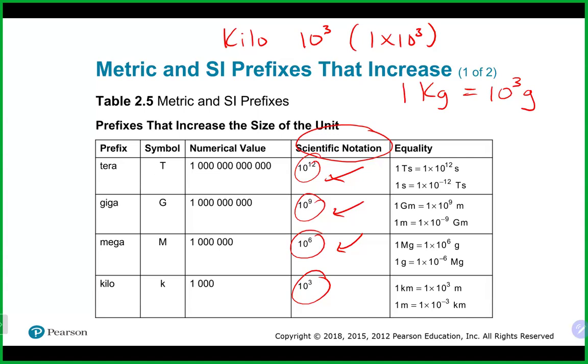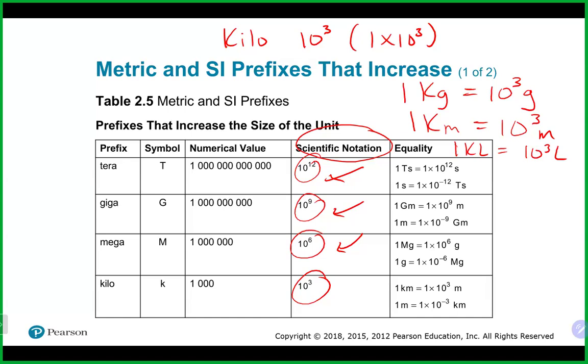Once again, as we saw on the previous slide, it doesn't matter if you're dealing with grams or meters. So 1 kilometer would be 10 to the 3 meters. Again, it could be anything, just like we saw in that one. 1 kiloliter is 10 to the 3 liters. So that is the proper way to use that.